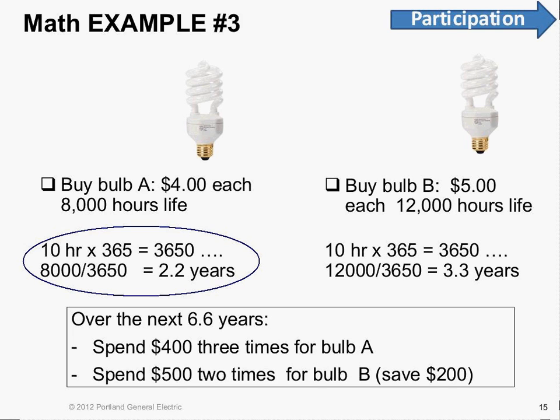If I look at the $5 bulb and I'm still burning it 3,650 hours a year, but I've got 12,000 hours, it lasts 3.3 years. So for the extra dollar, I get over 1 year of extra life of this bulb.